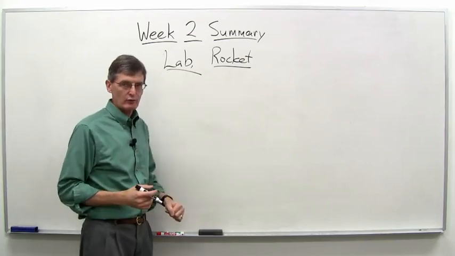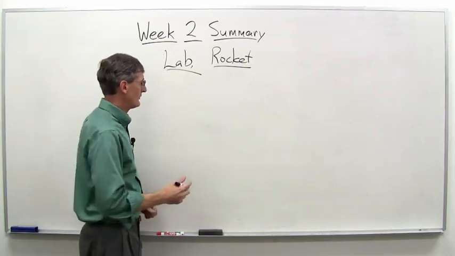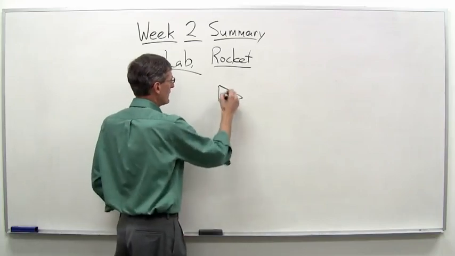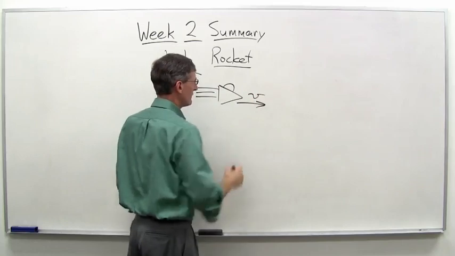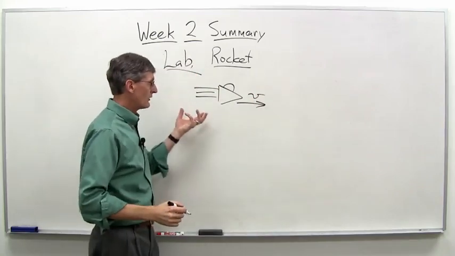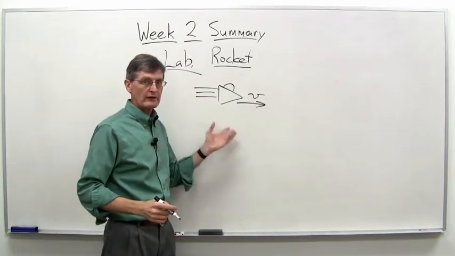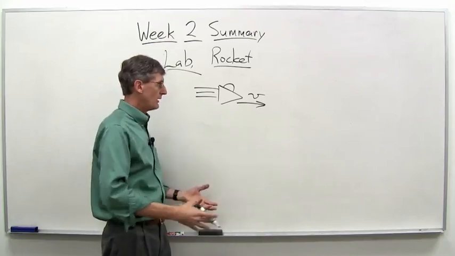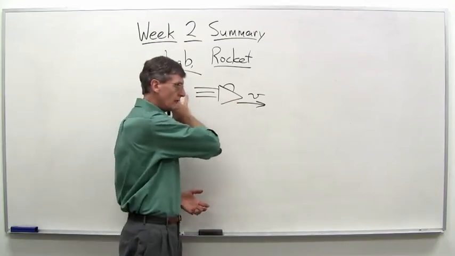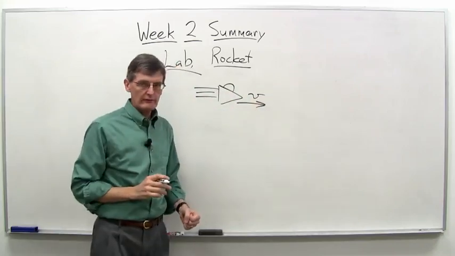The rocket is what's moving here. And so here's our rocket going by with some velocity v, and we're going to assume that the rocket is going to the right. So that's going to be our standard situation. Lab frame observing a rocket or whatever object it is moving to the right there.